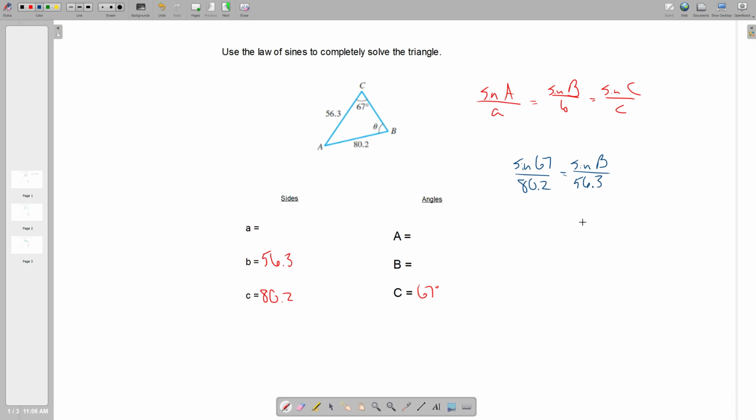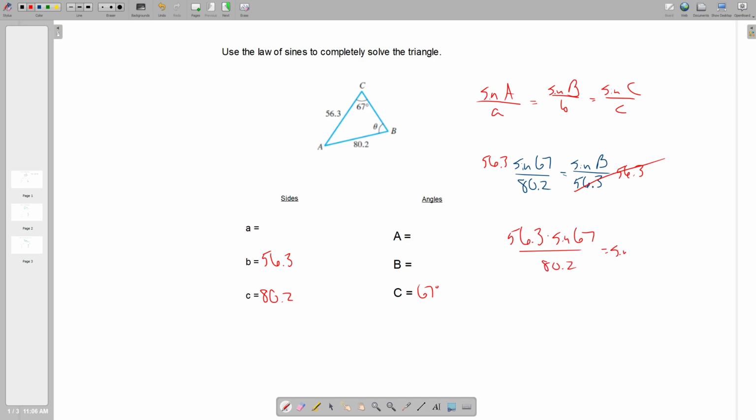Now to solve this proportion, it's a little bit different because you're going to have to first isolate the sine of B. You're not going to be able to just isolate B. You need to isolate the sine of B. So to do that, you would multiply both sides by 56.3. And what you have is this whole left side, 56.3 times the sine of 67 over 80.2.